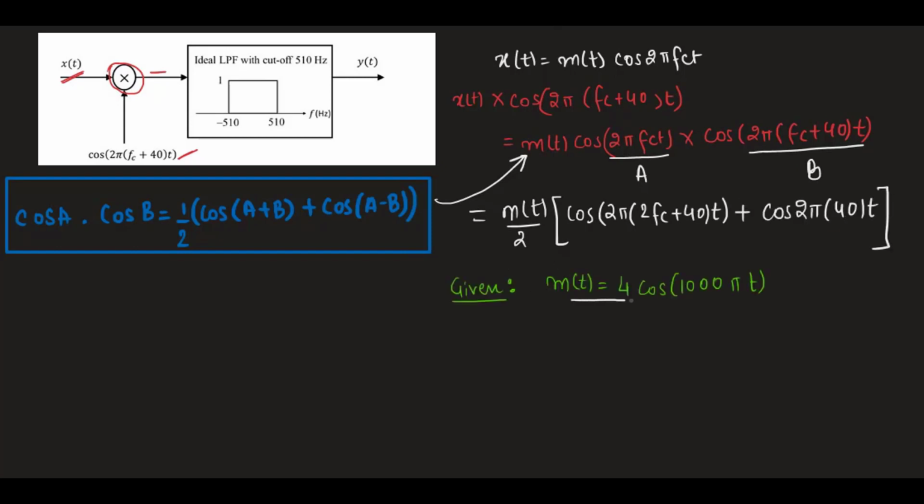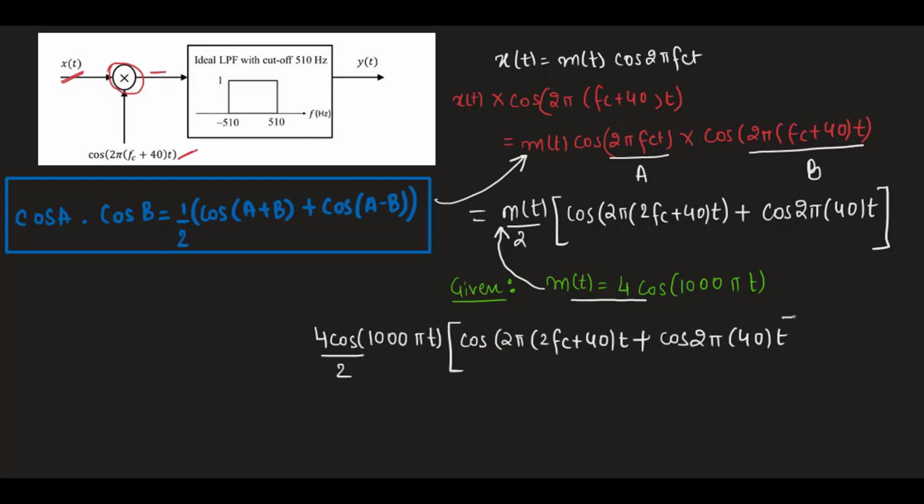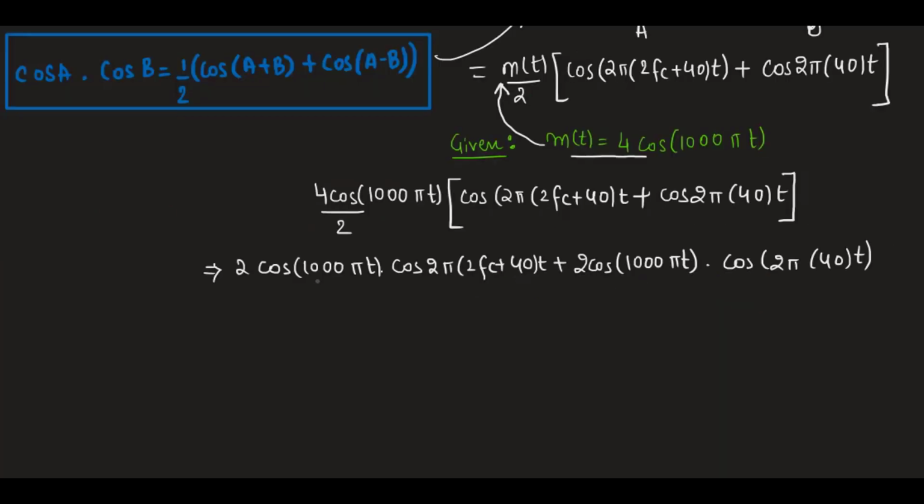substituting m(t) = 4 cos 1000πt in this expression, we get, simplifying this expression, we get, we can write 1000πt as 2π times 500t.